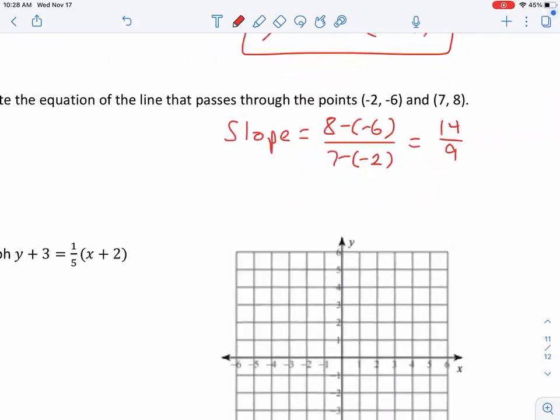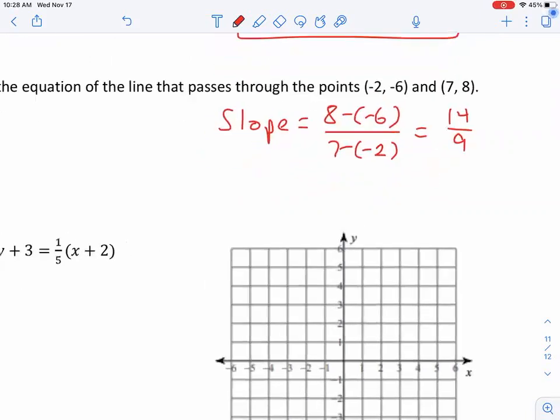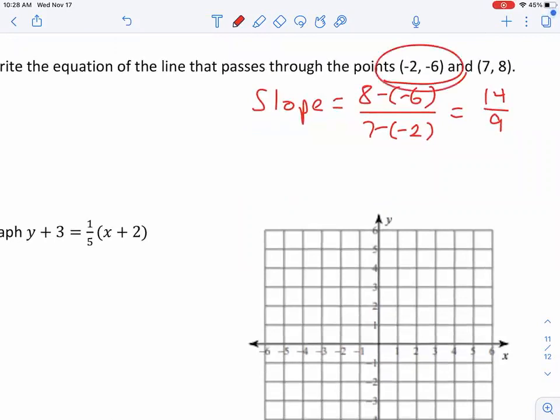So now you have 2 possible answers that you could have. If you use this first point, and many of you did, your answer would be y plus 6, because it's minus -6, equals our slope, which is 14 over 9, times x plus 2, because it's x minus -2.